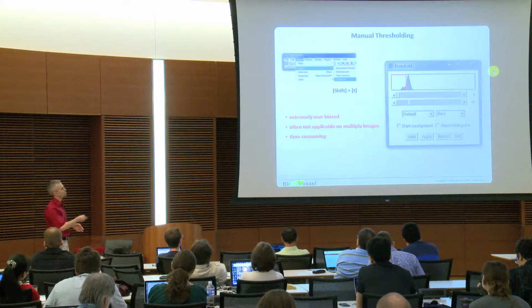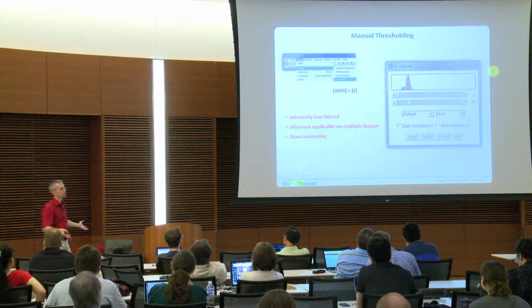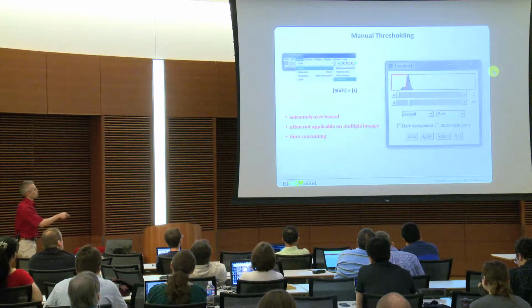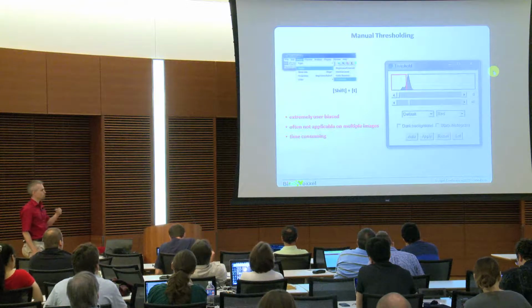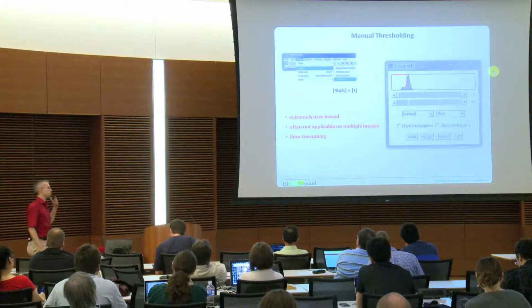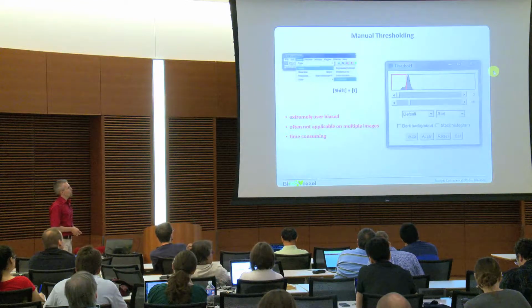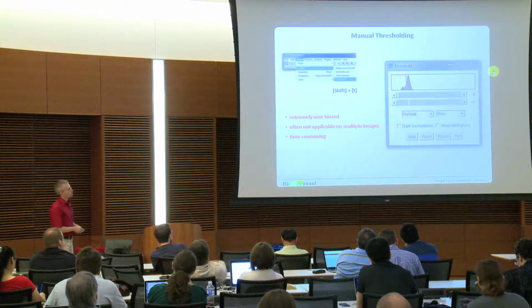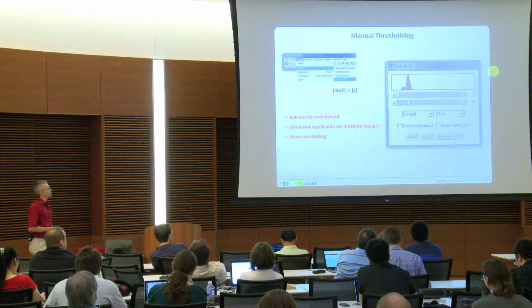If you use a cutoff value which is different for every image, then it's not really comparable anymore. So it's not applicable to multiple images, which is often the case, unless your pre-processing and imaging is perfect, but that is difficult to achieve. So there are already automatic thresholds, but we will have a look rather at automatic methods.